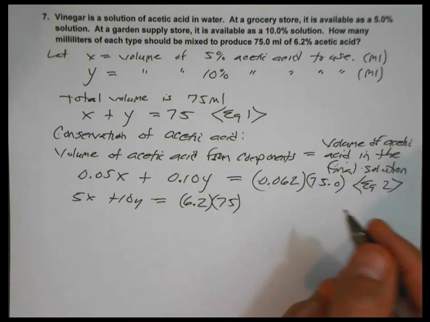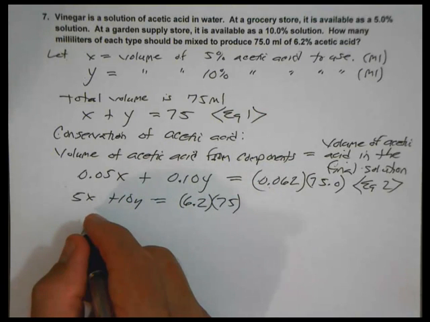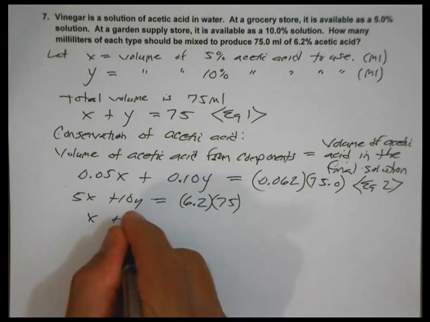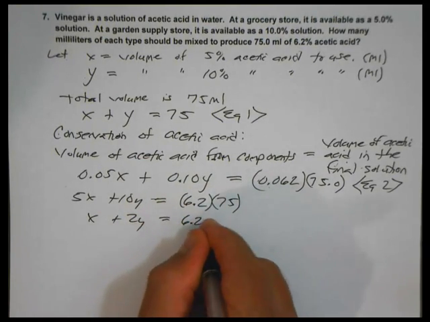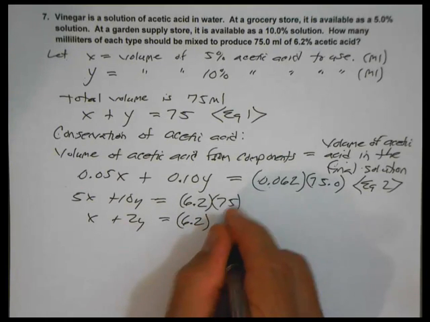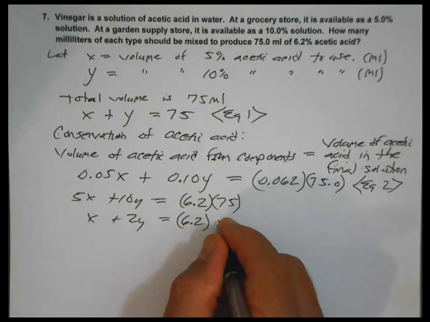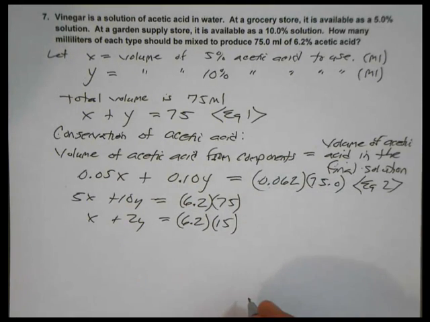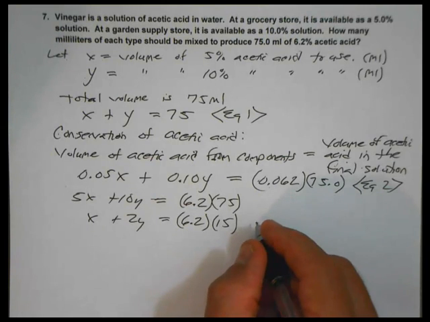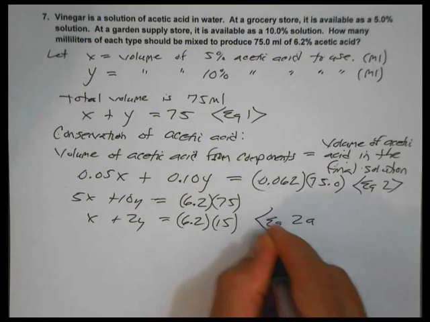You could, if you wanted to, even divide both sides by 5, if you want to keep making this look a little nicer. 5 divides both sides evenly. x plus 2y equals, now this divides by 5, leaving us with 15. Okay, and we could call this equation 2a.